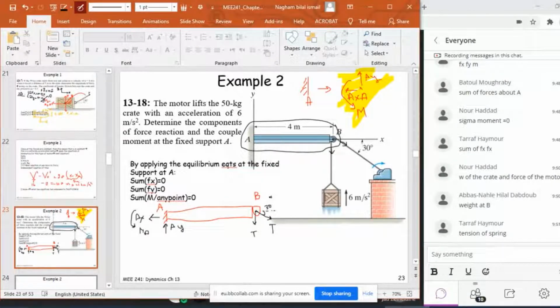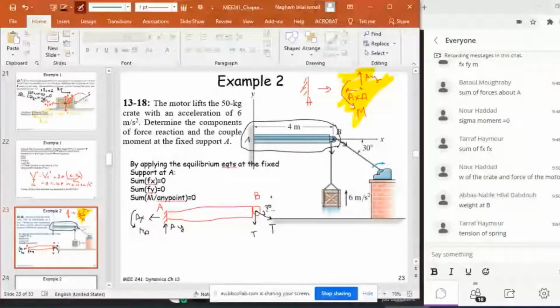All right, guys? So here, since I took the pulley with this system, I'm separating this subsystem from the whole system. I'm going to see these two tensions. And why should these two tensions be equal?